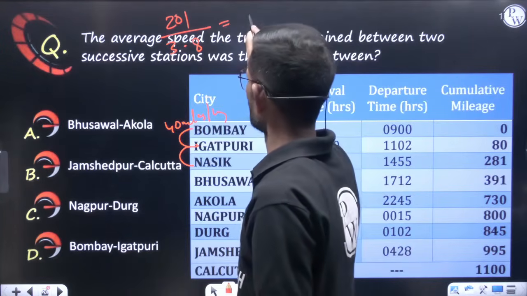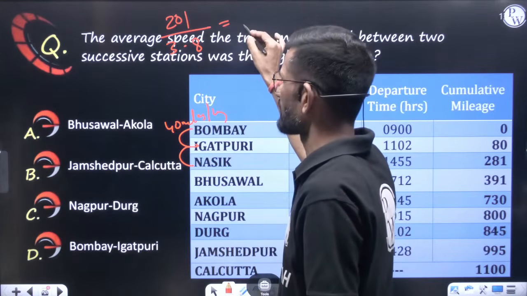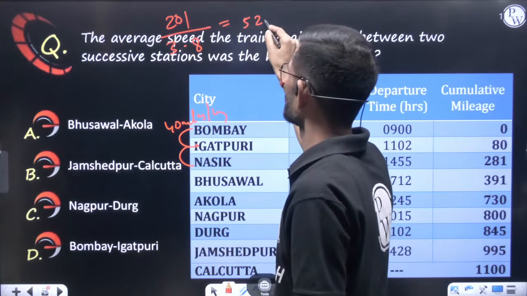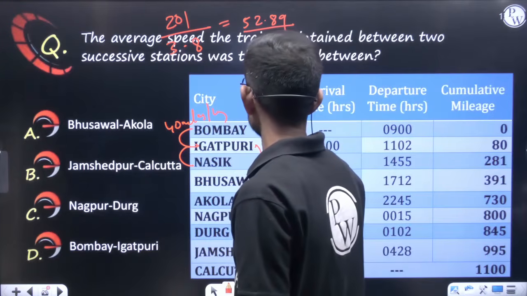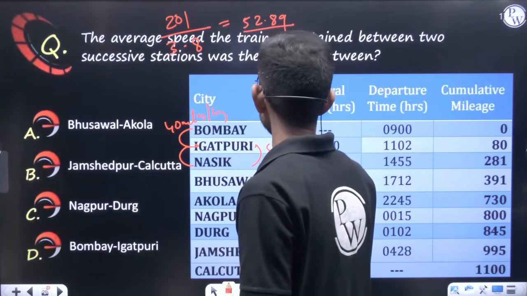So 3.8 hours. 201 divided by 3.8 will be 52.89 miles per hour between Igatpuri and Nasik.